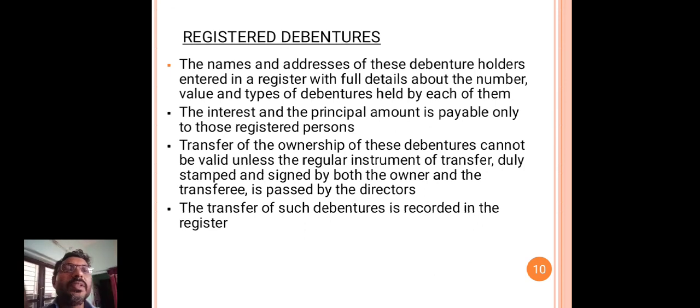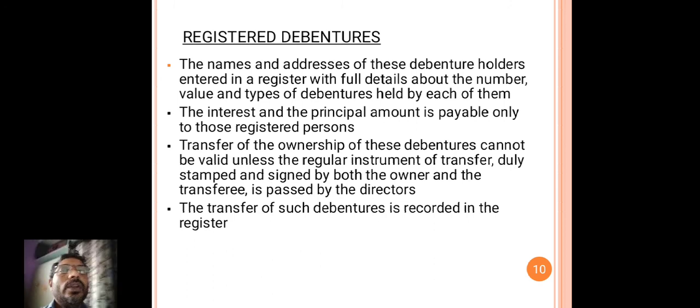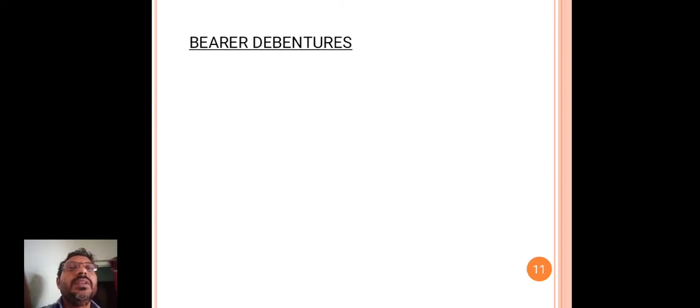The principal and interest will be payable only to the registered persons. Transfer of ownership cannot be valid unless the instrument of transfer is duly stamped, and the transfer is recorded in the register. This is registered debentures.